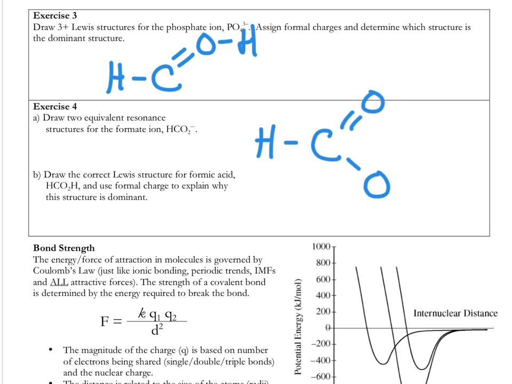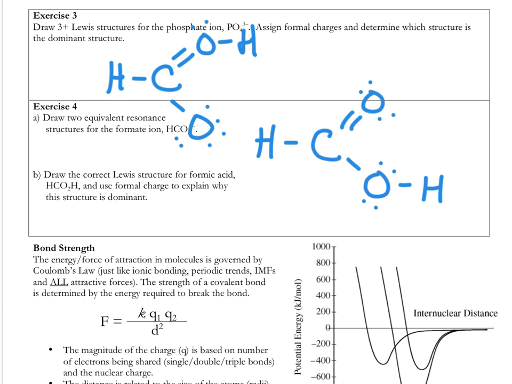So I'm going to put the H there, I'm going to put the H there, and then fill in my dots. And the way that I can jump straight to these structures is they're based on my structure from before. I may have used too many dots on that one. There we go.